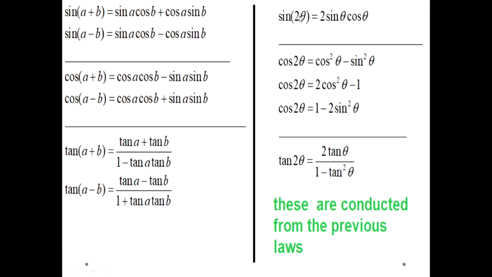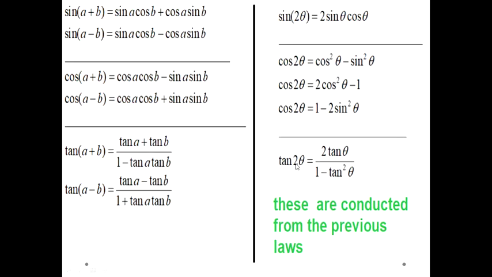Very good. 2 sine half theta cosine half theta. Of course, we don't have to make other formulas because it is just the double of this one. If this one is 1 theta, it will be half theta. If this one is half theta, it will be 1 over 4 theta here and here. Of course, they are the same and the 2 is the same.